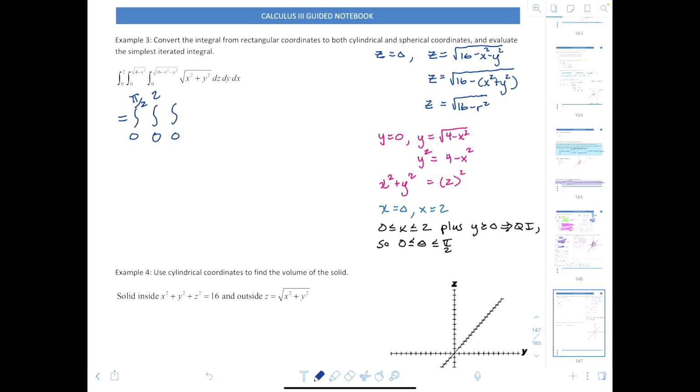And so we're going to write it in terms of r. So remember that when we isolated z, we got root 16 minus r squared. And then we have an r from the fact that the square root of x squared plus y squared is r.